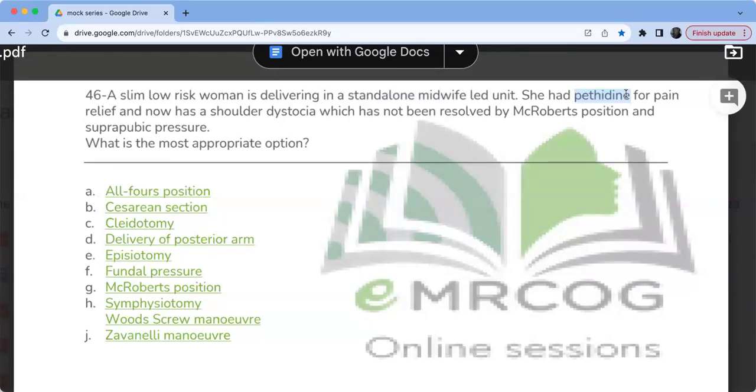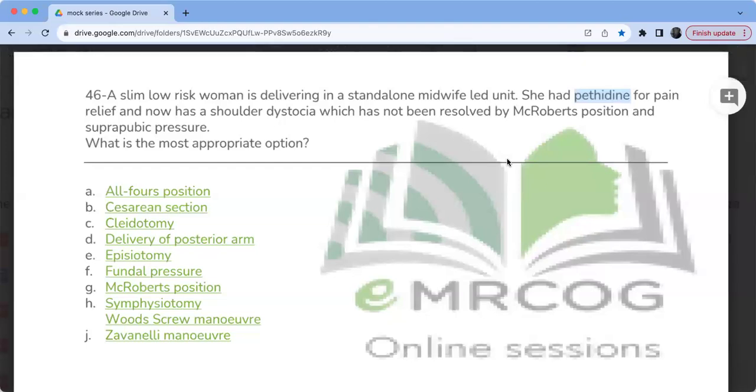In the diagram of the shoulder dystocia, because it's a protocol that all units have to follow, there were two arms: one arm going to the posterior shoulder delivery and one arm going to the all four position, right? And for the specific scenario of this case, only all four position is appropriate.